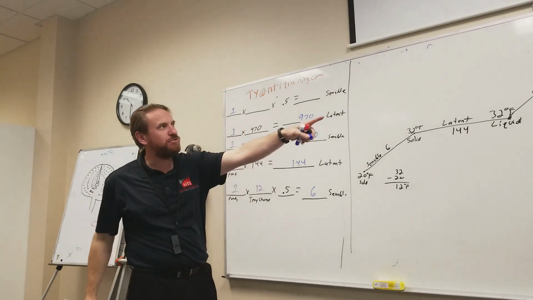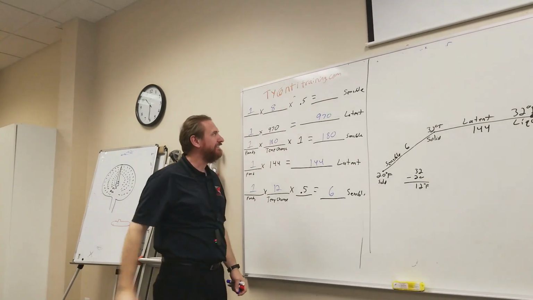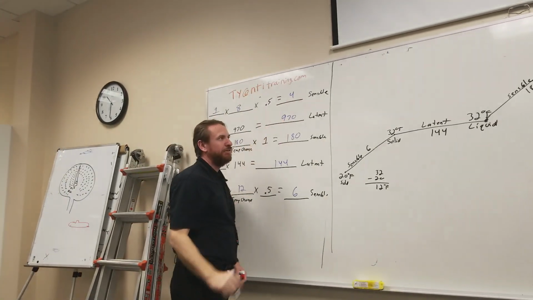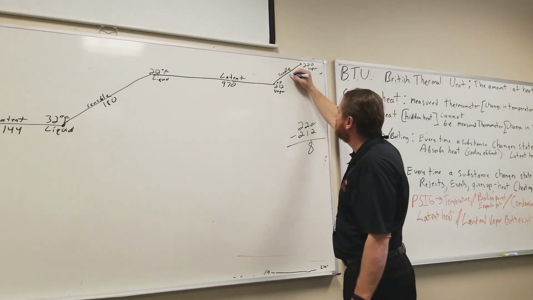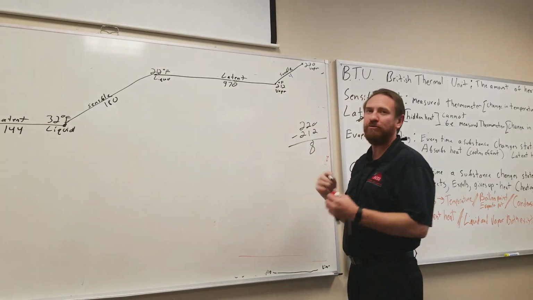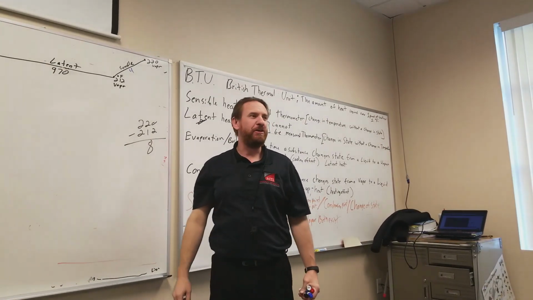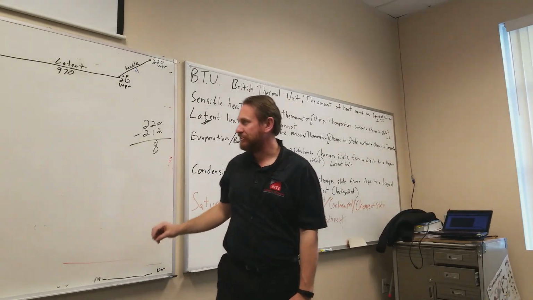Our temperature change was 8. So 8 times 1 equals 8 times 0.5 equals 4. So it takes 4 BTUs of sensible heat to change water vapor from 212 to 220. Because it only takes half a BTU to change water vapor 1 degree Fahrenheit. Because we have a density change.